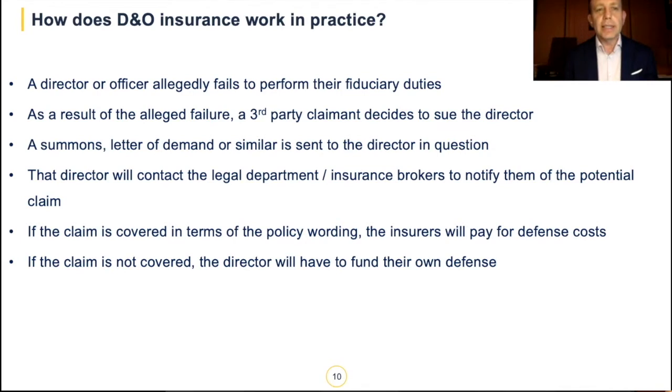A summons or letter of demand arrives. They would hopefully then let you know that they've received this summons. Timing is obviously critical here. We must be notified as soon as possible. If the claim is covered in terms of the policy wordings, we immediately start paying those legal defense costs.